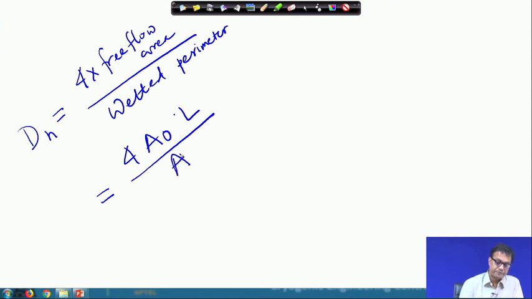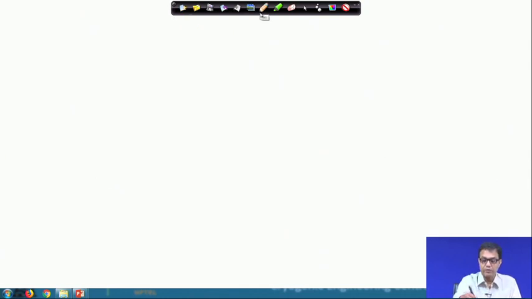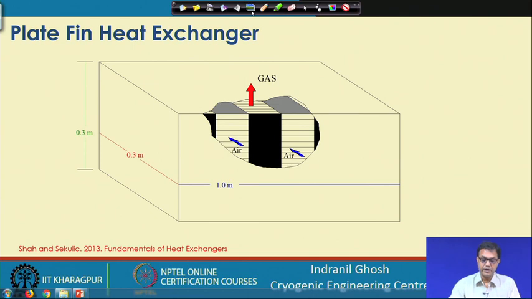So, we have the hydraulic diameter, we have the heat transfer area, we know the length, and what we need to calculate is A0 from that relation. Now, if we go back to our dimensions.